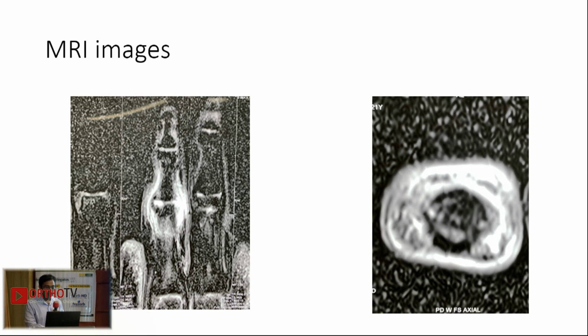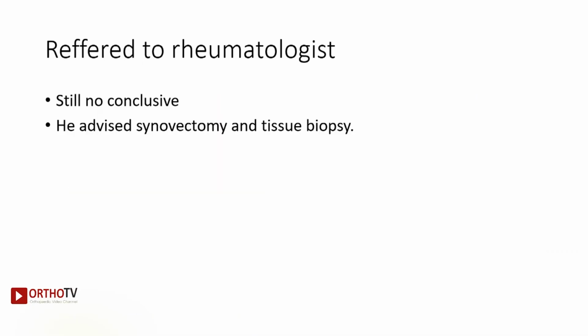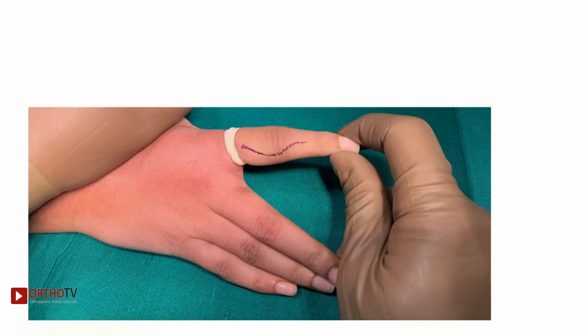So we got an MRI done, and the MRI shows an intra-articular pathology here. The PIP joint is significantly involved, and the proximal interphalangeal joint shows significant synovitis. This is Dr. Parag who is operating now. It was done at Pinnacle.